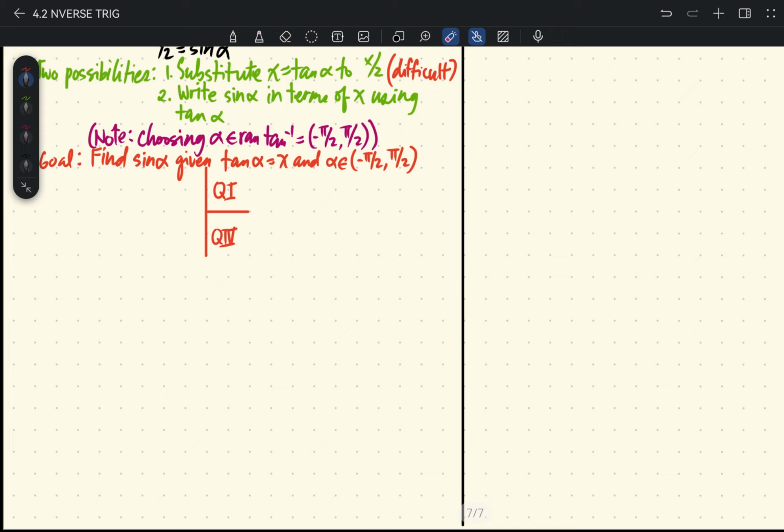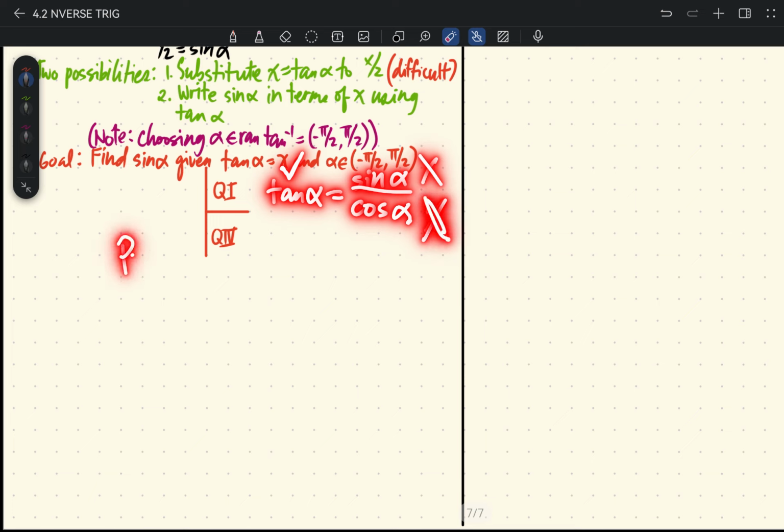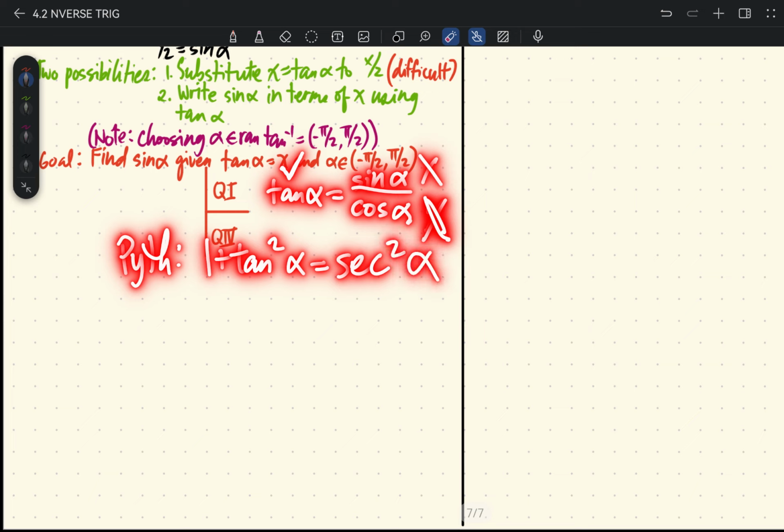Why is it better to find cosine alpha? First, take note that tangent of alpha equals sine alpha over cosine alpha. And right now, we know tangent alpha, but we know nothing about sine alpha and cosine alpha. However, there's this Pythagorean identity, 1 plus tangent squared alpha equals secant squared alpha.